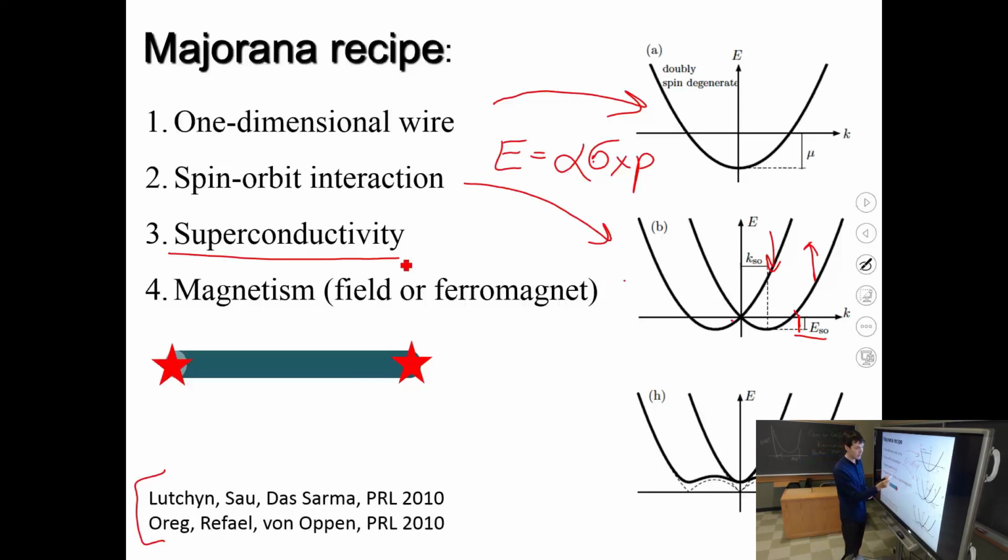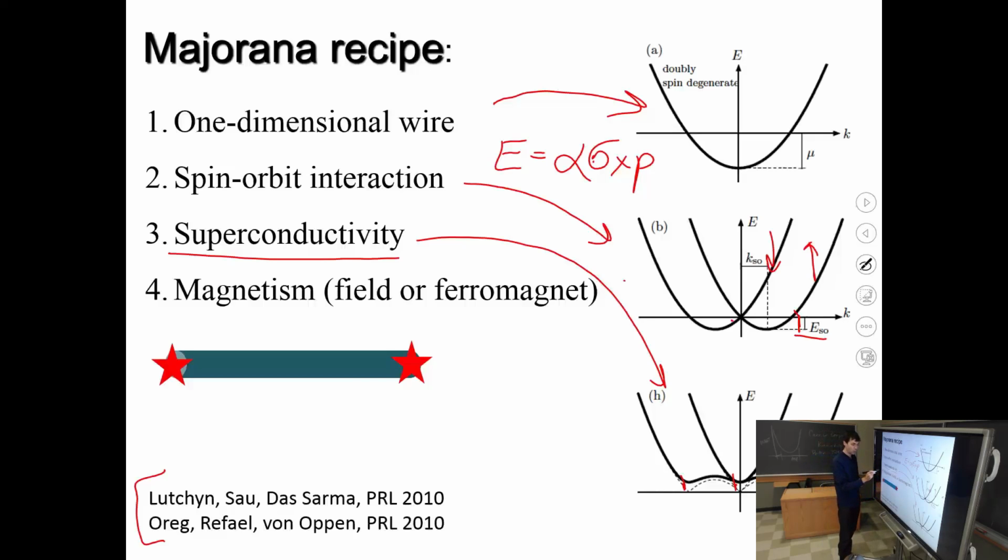And what superconductivity does is it opens these little gaps. You can see these little gaps at around the Fermi level. So Fermi level is here. It will gap the spectrum. Superconductivity creates a gap whenever a band crosses the Fermi level. So these gaps are due to superconductivity.